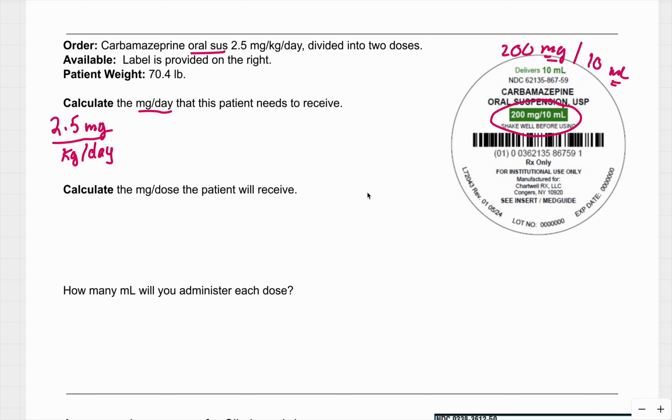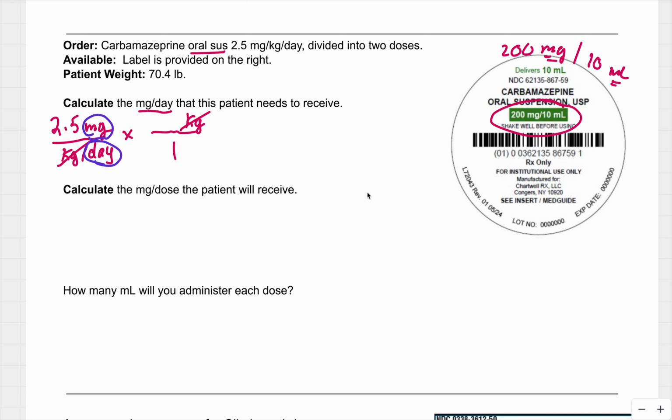There's actually 2 divisions here going on. We're dividing by the kilogram per day. And so what I need to do is to figure out how many milligrams per day. So to do that, I have to customize that value for this patient, meaning I need to multiply by their weight in kilograms. If I do that, then what I will be left with is the number of milligrams per day that this person needs.